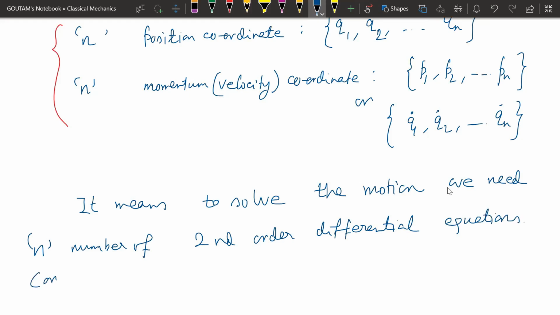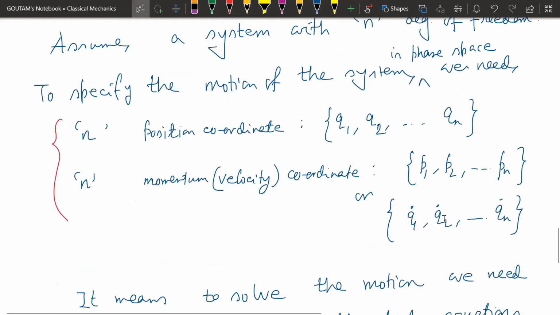or 2n first order differential equations. So basically we have 2n coordinates: n position coordinates and n momentum coordinates.